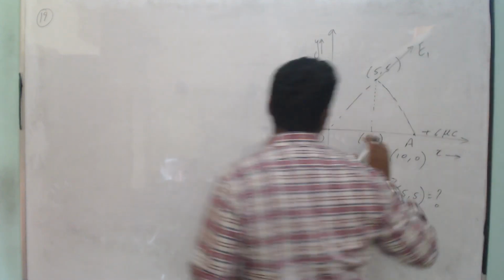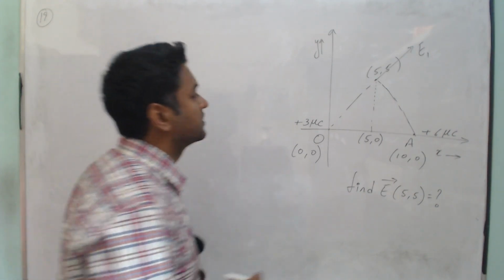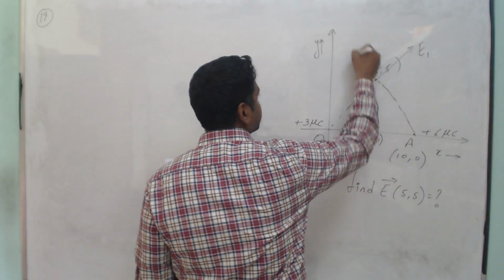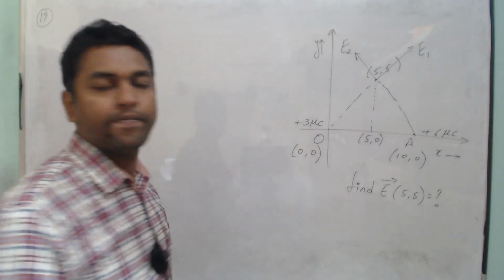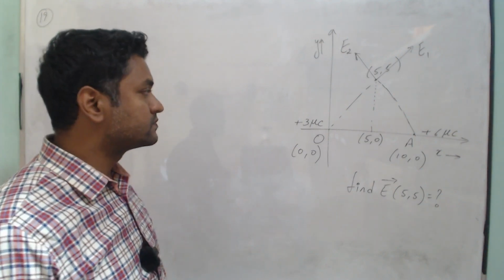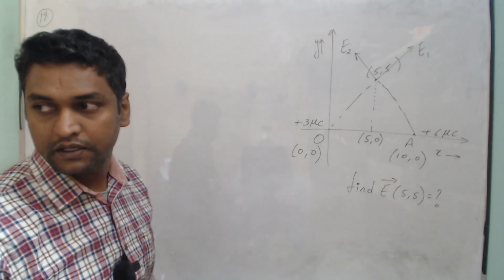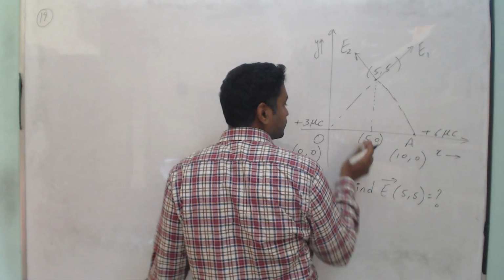And let's say the electric field is E1. The electric field due to charge at A in this direction, let us say this is E2. So where is the symmetry and how can I use it?